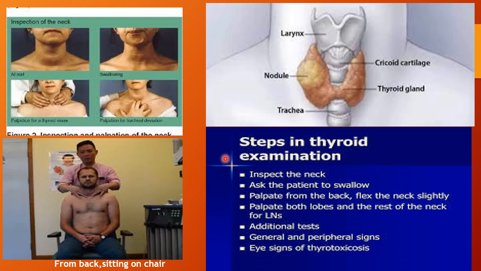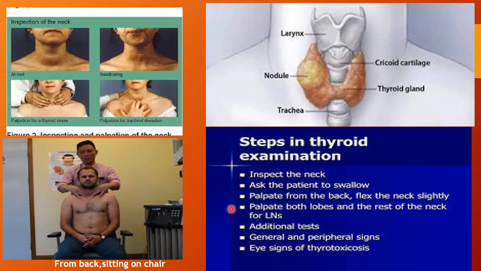The various steps in the thyroid examination include: first, inspection of the neck from the front and the back. Next, testing the movement with swallowing. Ask the patient to swallow. Palpate the neck from the back, flexing the neck slightly to reveal the gland more prominently.